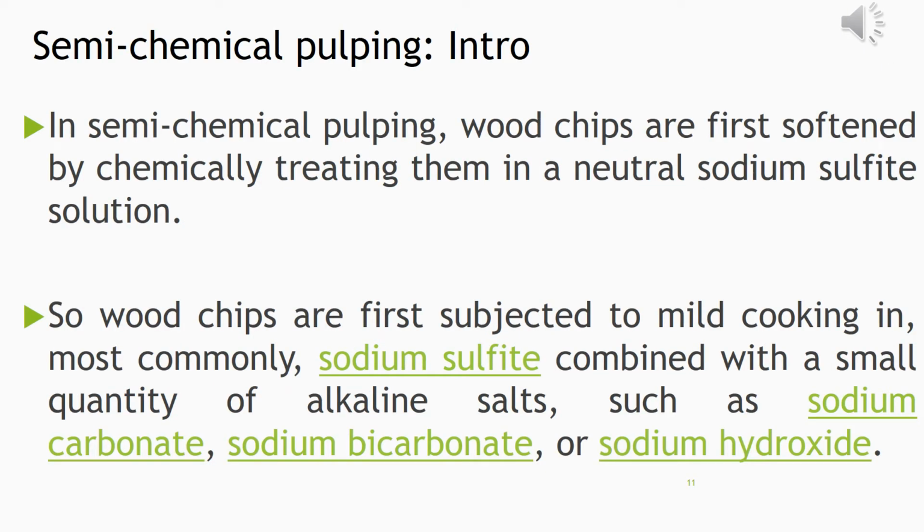Semi-chemical pulping. Briefly, let us see what happens in semi-chemical pulping. The wood chips are first softened by chemically treating them in a neutral sodium sulfide solution. The first thing done is the treatment of wood chips with neutral sodium sulfide solution.